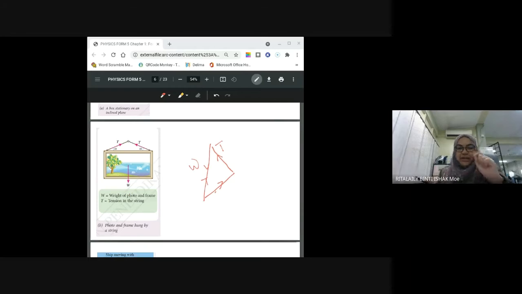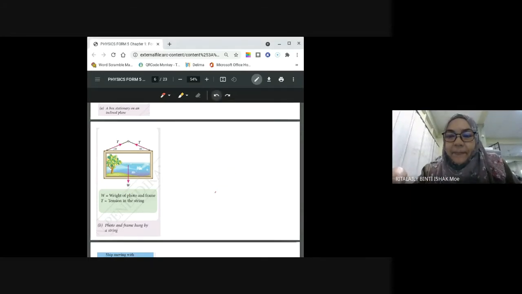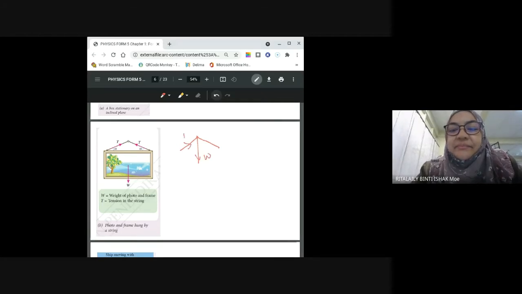Okay, so kita ulang semula example B. So this is the drawing of B. It's like this, isn't it? Okay, if I draw the forces without the frame, this is the three forces, betul?